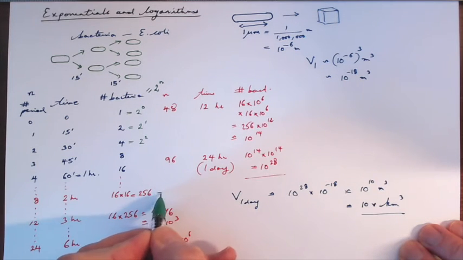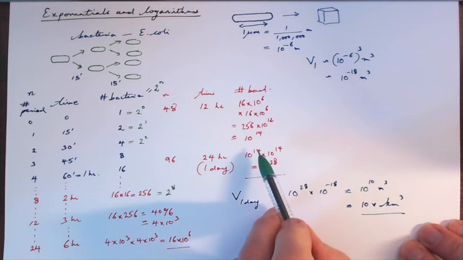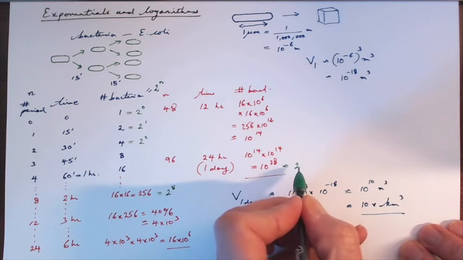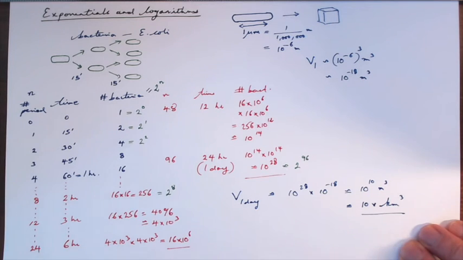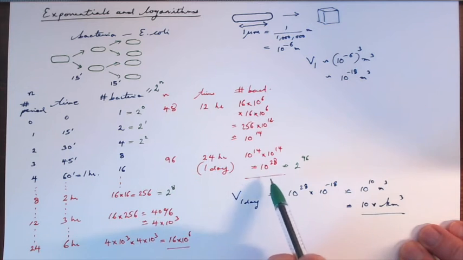So for example, 256 is 2 to the power of 8. So this final number that we came to, crudely speaking, would be 2 to the power of 96, taking into account that I've ignored some numerical factors of 2 and such in these final stages.